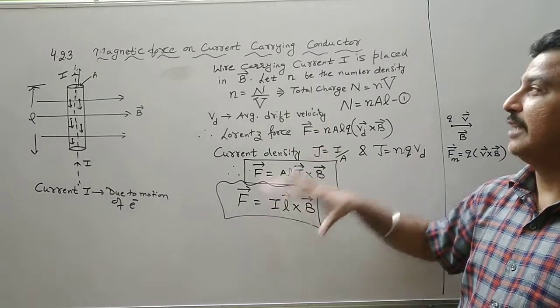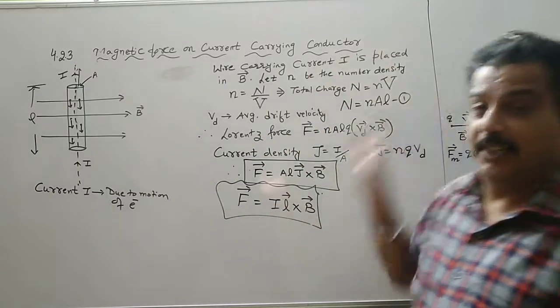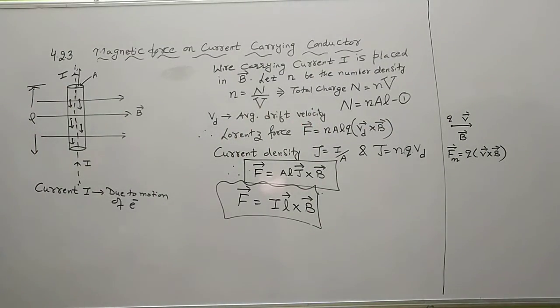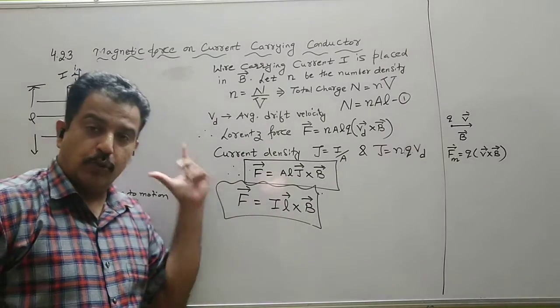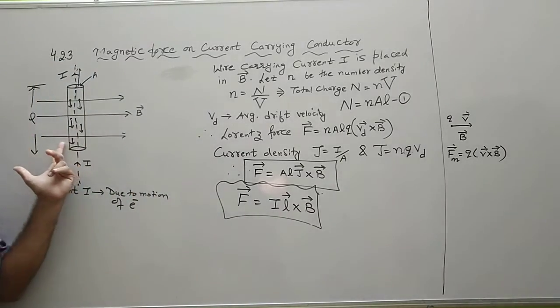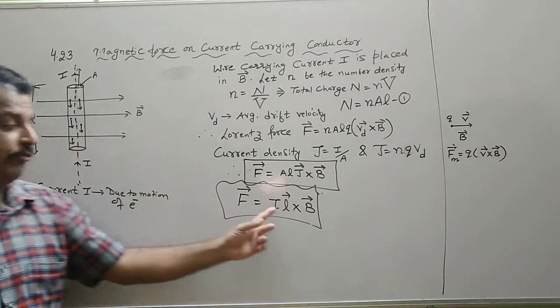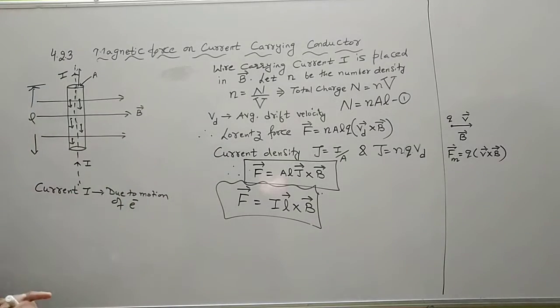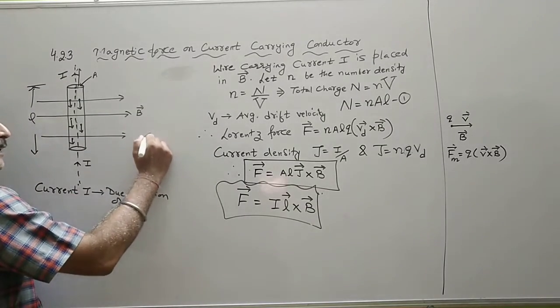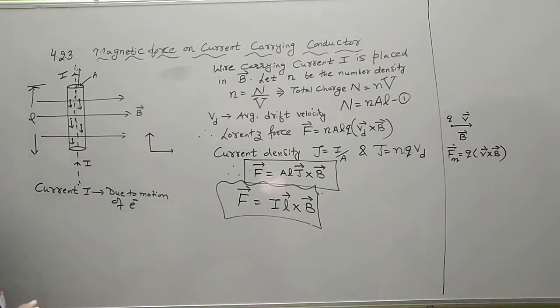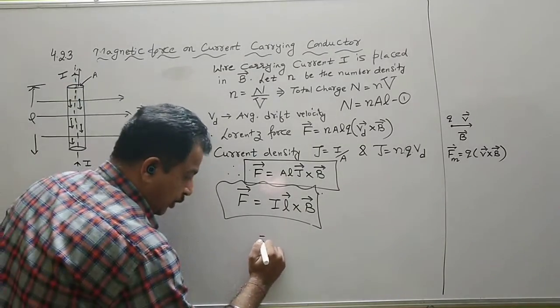This magnetic force acts on any current carrying conductor, and by applying the right hand screw rule, you can find out the direction. So if I see this situation, I is in the upward direction, so the direction of length will also be taken along the y-axis, say, and the magnetic field is along the x-axis. So we talk about the direction.